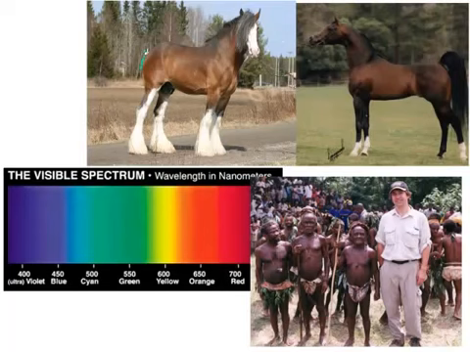Okay, and then, once we've said, okay, this looks like a Clydesdale, this looks like an Arabian, then you begin to document differences between them. Well, the Clydesdales aren't as fast as an Arabian, but they can pull a plow better, or they don't get hurt as much. Clydesdales do better in cold weather, Arabians do better in hot weather.